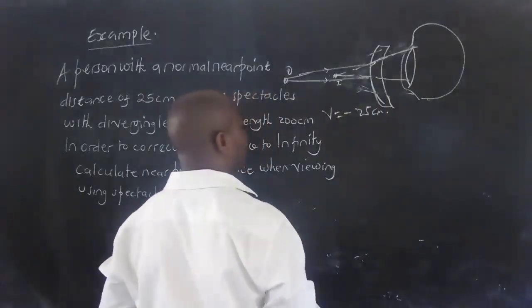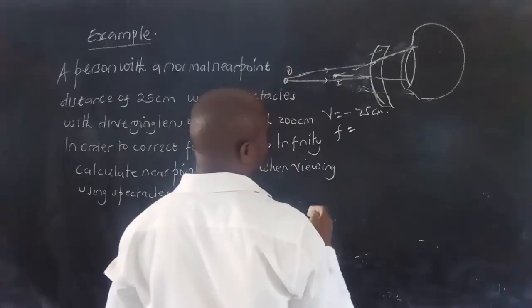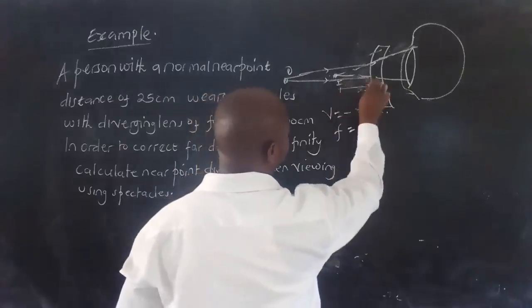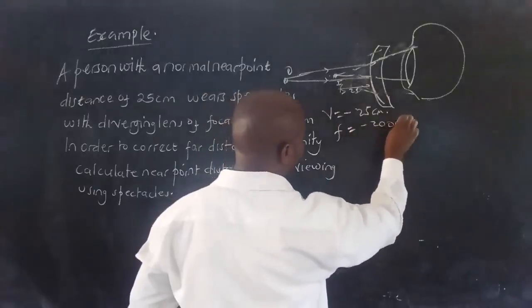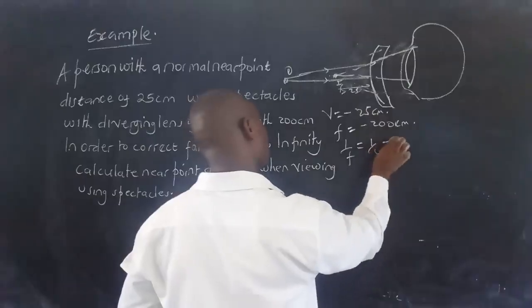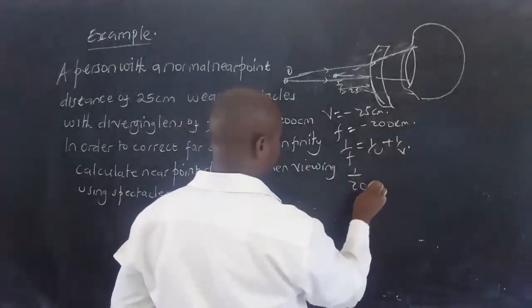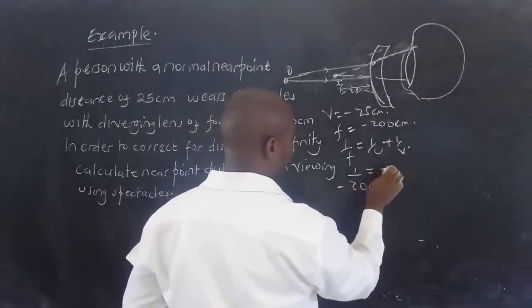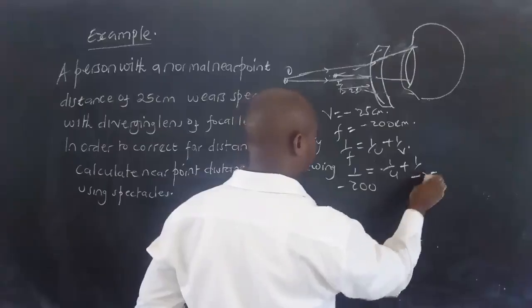Because it's a virtual image, our F will become negative 200 centimeters. So I should say 1 over F equals 1 over U plus 1 over V. 1 over negative 200 is equal to 1 over U plus 1 over negative 25.